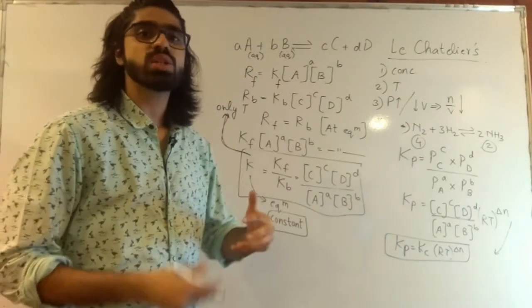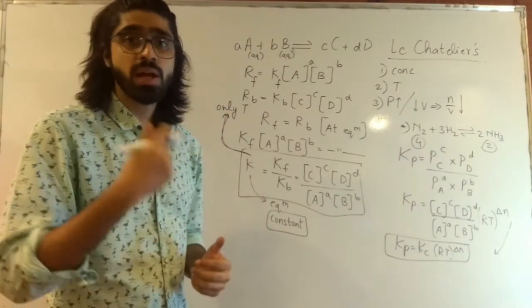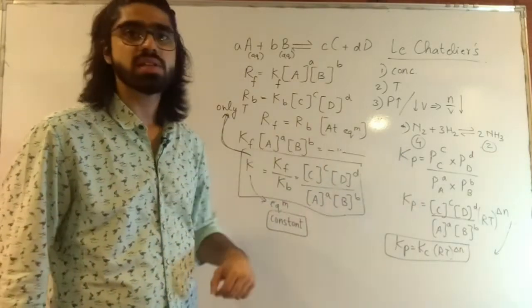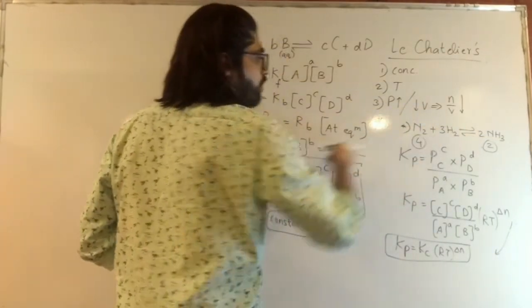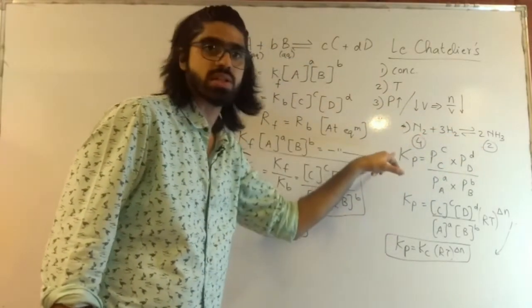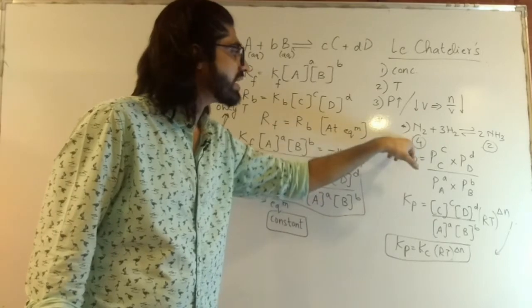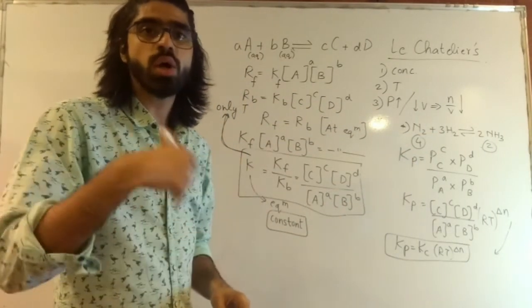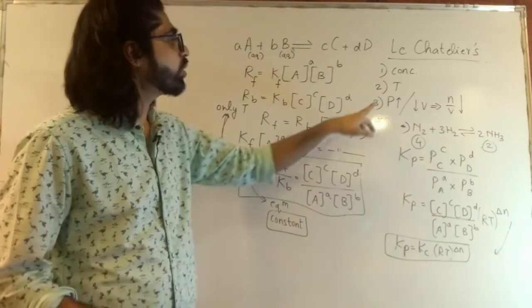So now the reaction will try to behave in the opposite manner, that is, it will try to increase the number of moles. The reaction will proceed in the backward direction because the number of moles are increasing in the backward sense. So the reaction will be favored in the backward direction if you decrease the pressure or increase the volume. So that is about pressure.